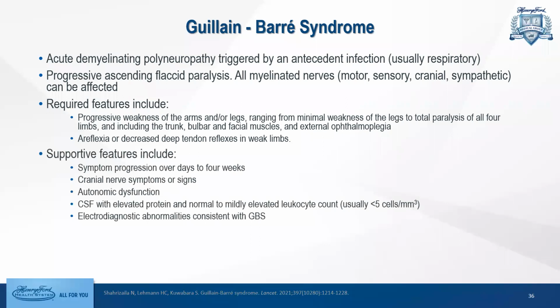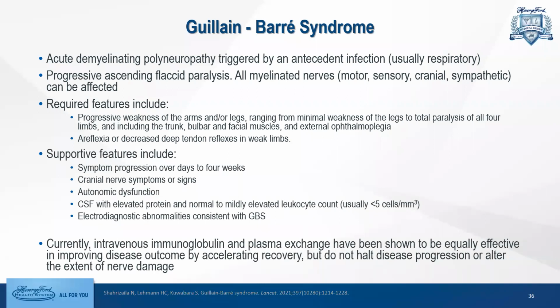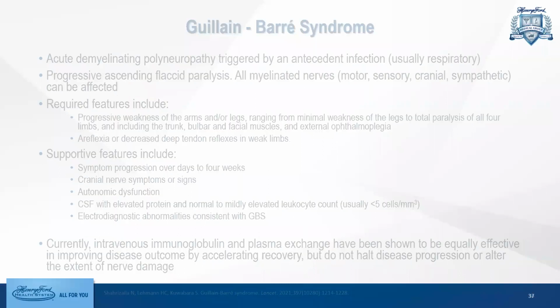Mainly, you're going to have symptom progression quickly over days to 4 weeks, cranial nerve symptoms, autonomic dysfunction, CSF with elevated protein, normal to mildly elevated leukocyte count, and consistent electrodiagnostic abnormalities. Usually IVIG and plasma exchange have both been shown to be equally effective in improving disease outcome by accelerating recovery, but they do not halt progression or alter the nerve damage.